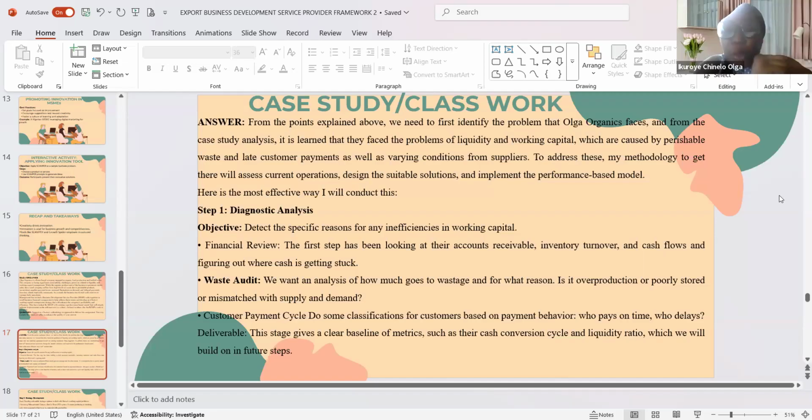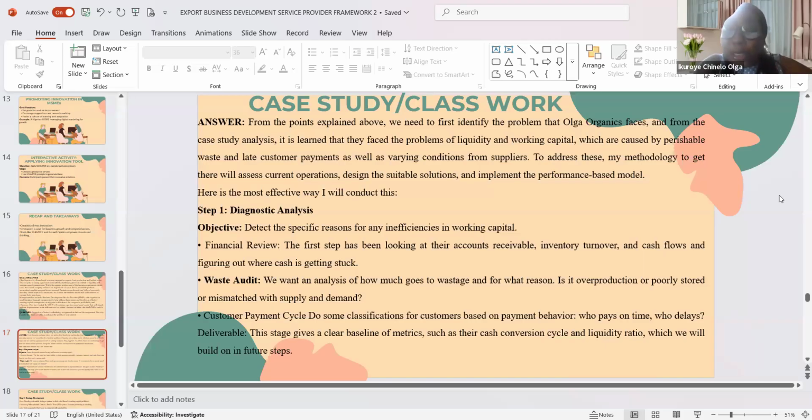So we need to identify what the problem is first, because if we don't know what the problem is, there's no way we can tackle the company's problem. So we've identified the problem, which is liquidity, working capital, and perishable waste with late customer payment.